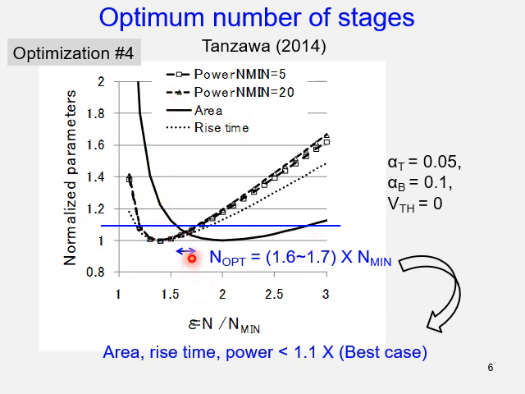However, if you select N opt 1.6 to 1.7 here, then you get almost the optimum point for all of them. And this is just 10% higher than the very optimum cases. So if you allow a 10% increase over the best case, then this is a moderate point to get all the parameters almost minimized.